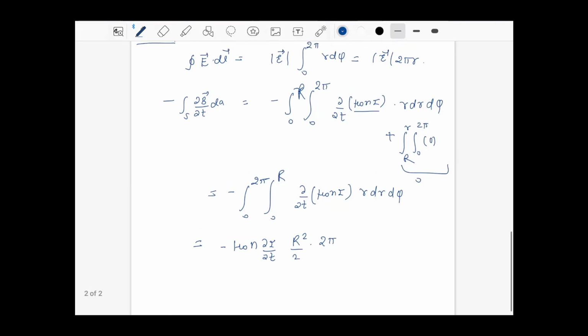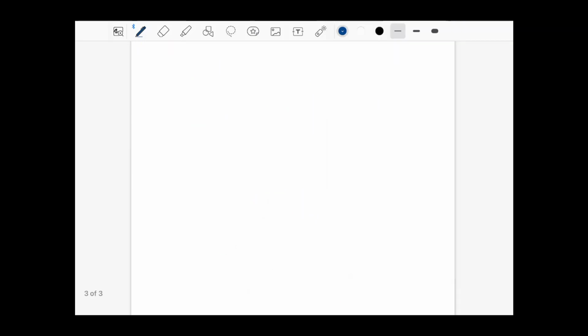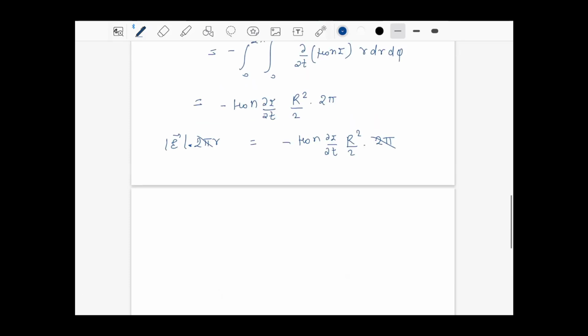So when we put the left hand side, E times 2 pi R, equals minus mu naught n dI by dt times r squared by 2 into 2 pi, the 2 pi will cancel out and our E field will become minus mu naught n r squared by 2R times dI by dt, which is a constant. So this is the outside field.